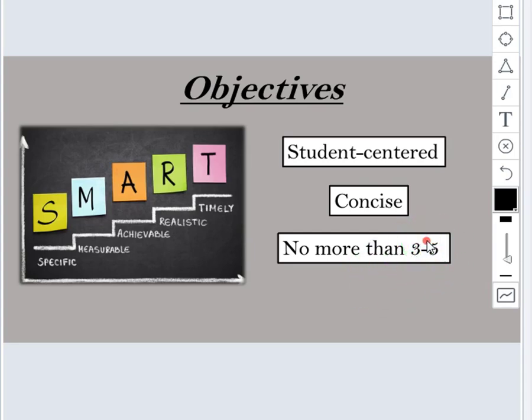By student-centered, I mean a lot of times you'll have, for instance, an objective that might say, explain the process of mitosis. Well, that's not really student-centered. That's what you're doing, right? Unless you then go back and ask the student to actually explain that process.